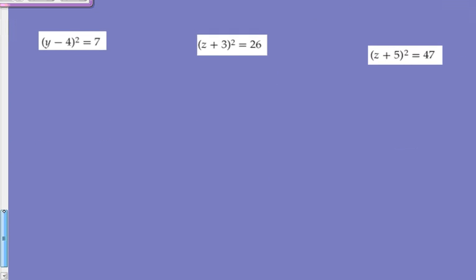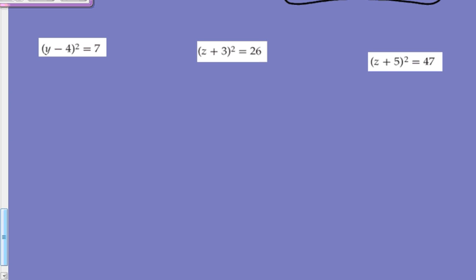And let's go on down to a few more that work similar. Again, we're going to use the square root method on this one. Even though 7's not a perfect square, this is what's going to happen in this case. To unsquare this, it's y minus 4. But the square root of 7 will stay like that.